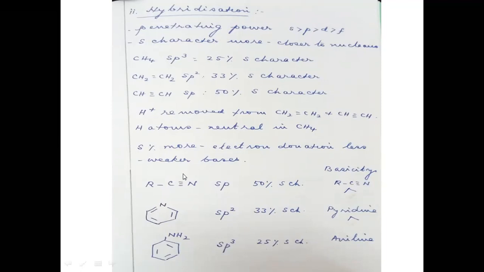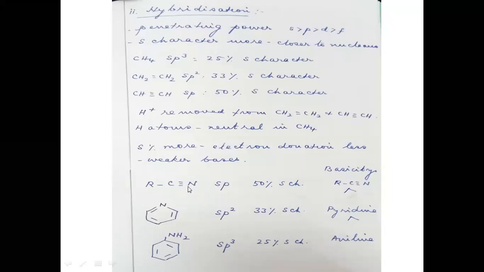Now, these nitrogen compounds, see, nitrogen has a lone pair. In all these things, nitrogen has a lone pair, and the nitrogen is a good electron donor. But the donating nature of the nitrogen changes with its hybridization because of the electronegativity. See, sp is 50% S character. It attracts more electron. Hence, this nitrogen will not donate the lone pair which is present on the nitrogen.